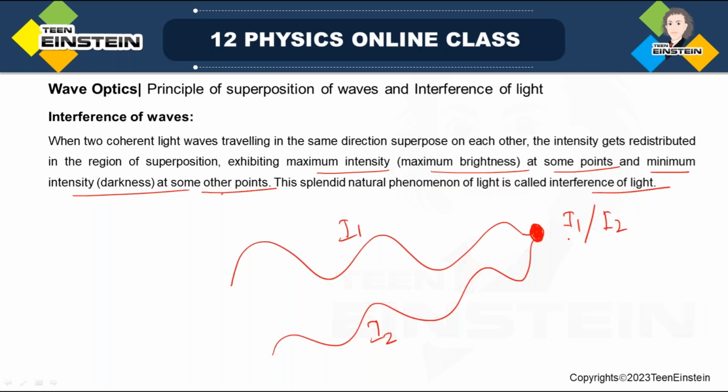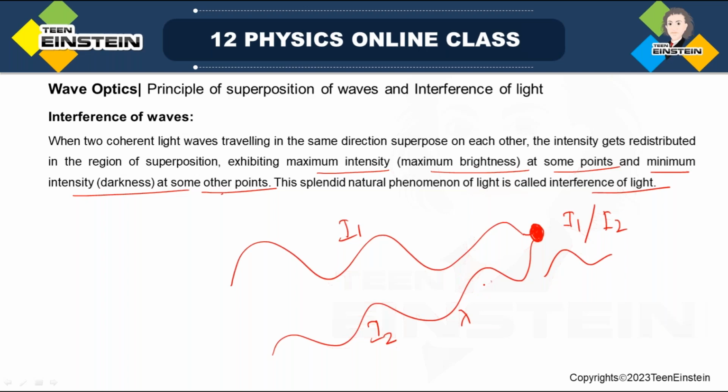It will be different. Since waves are delocalized, they will meet in a region. In a region of superposition of coherent lights, having the same lambda and constant phase difference, they are called coherent sources.